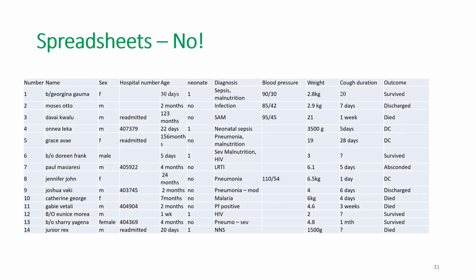If you're interested in those that absconded, survived, died, absconded, that would be enough. Survived being discharged, I suppose, died or absconded might be the only three appropriate things. And then if you're particularly interested in studying people who died compared with those who survived, then you can have another column that just had survived or died. So the point is to decide what the metric is and to have uniform metric all the way through.